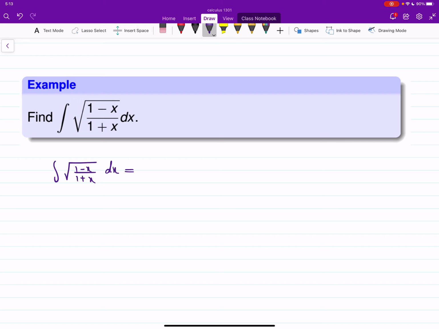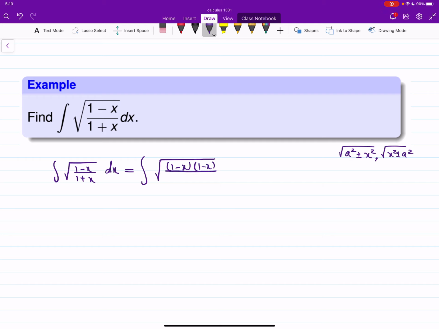But I know that when it comes to square root, I can handle the cases that are a squared plus or minus x squared, or x squared plus or minus a squared. If you have that in mind, maybe that is something that you can use. Now, I can multiply both numerator and denominator by 1 minus x. Why do I do that?